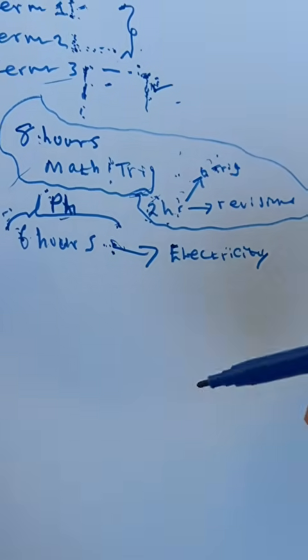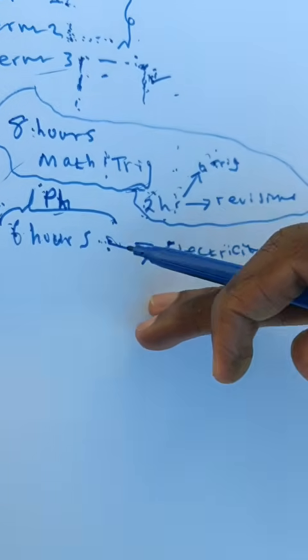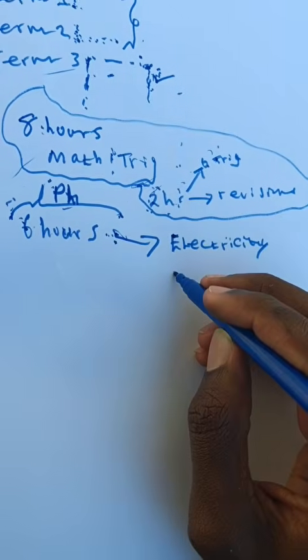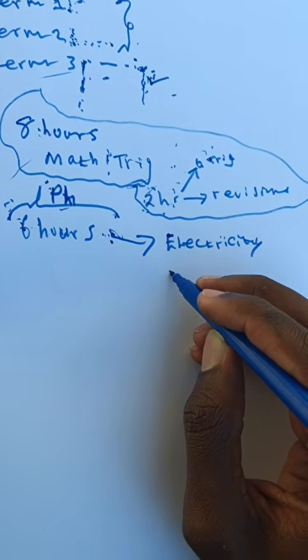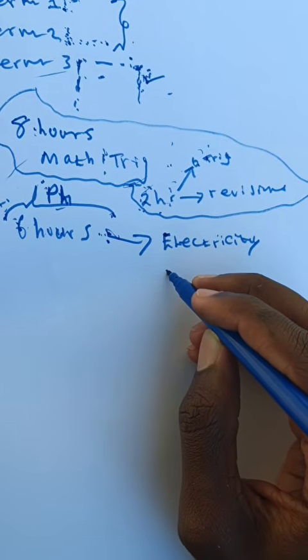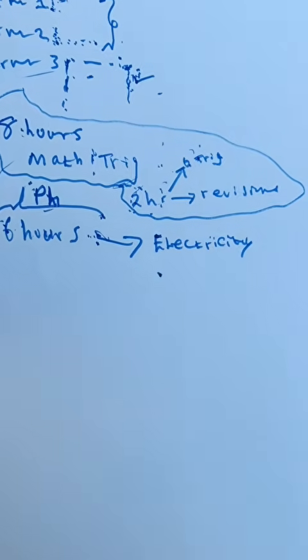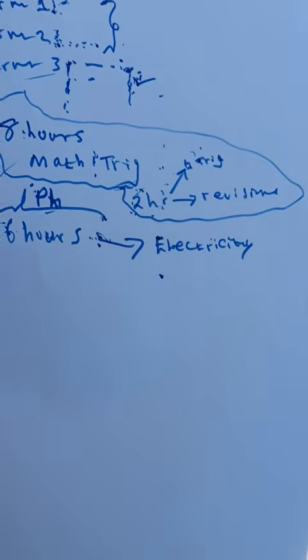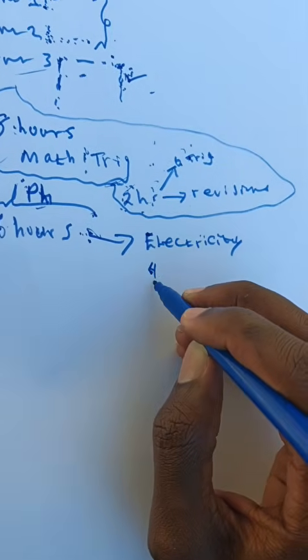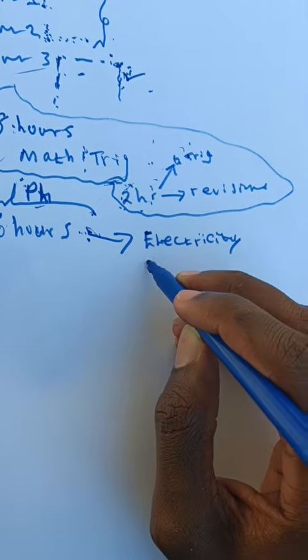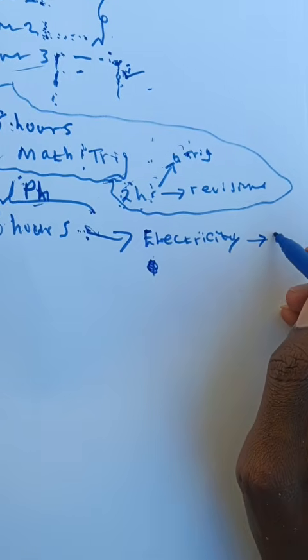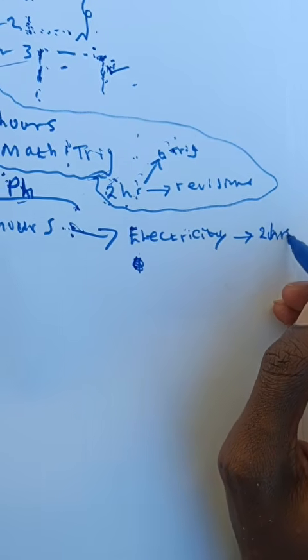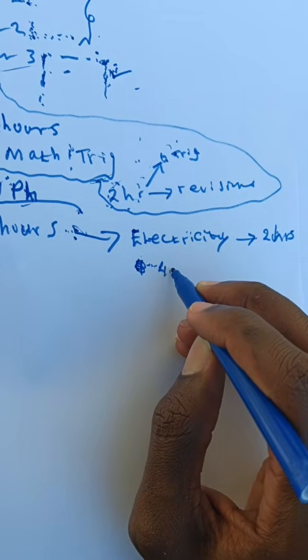Then now, for you to balance with revising in these 6 hours, you can say, let me dedicate maybe 1 hour 30 minutes, 1 hour or 2 hours revising. So meaning that you dedicate here 2 hours revising, then the remaining 4 hours.